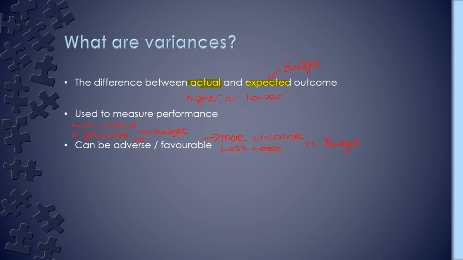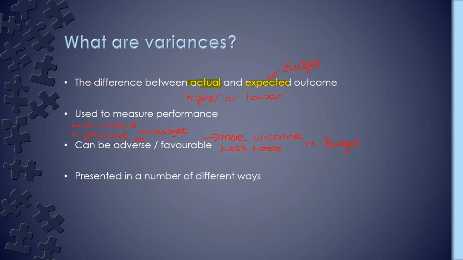So it's really important when you're looking at your variances to make sure, are you looking at an income or are you looking at a cost? Because just because something's higher than budget doesn't necessarily mean that it's adverse. It could be favourable if it's an income line. So just take a quick second to remind yourself, what is it you're looking at?